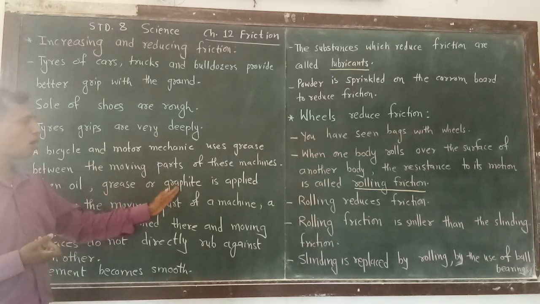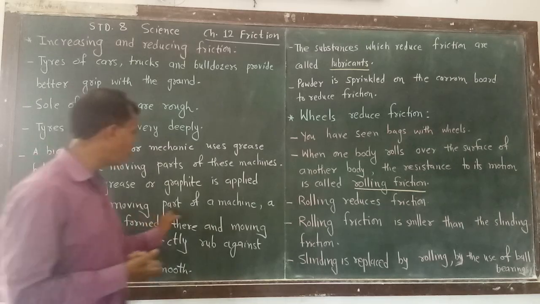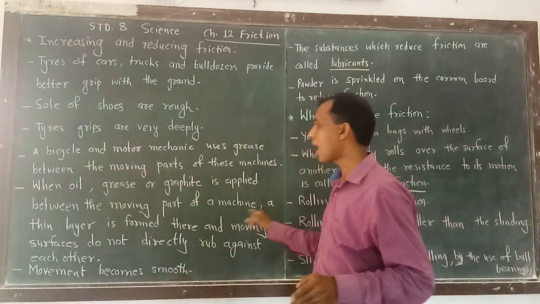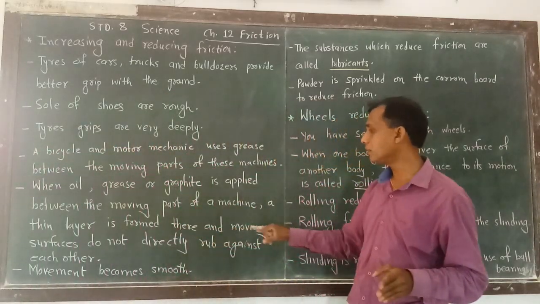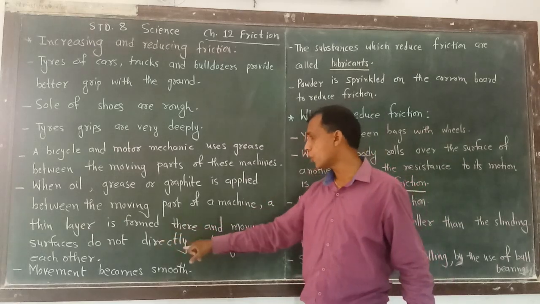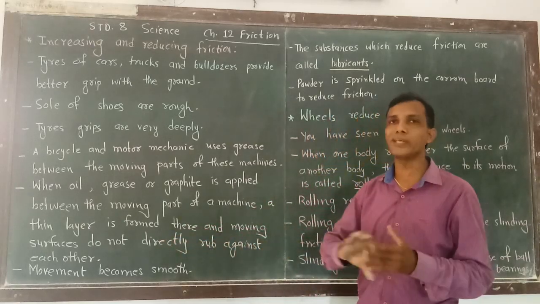When oil, grease or graphite is applied between the moving parts of a machine, a thin layer is formed between them, and the moving surfaces do not directly rub against each other.